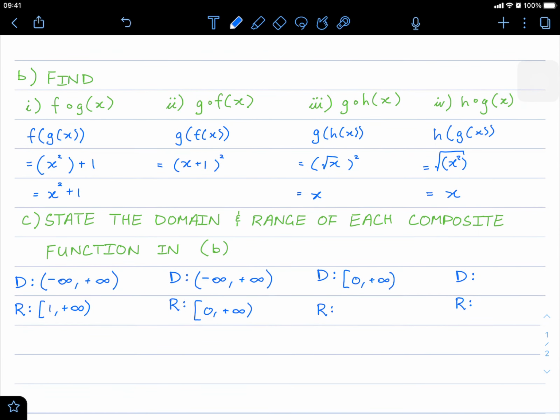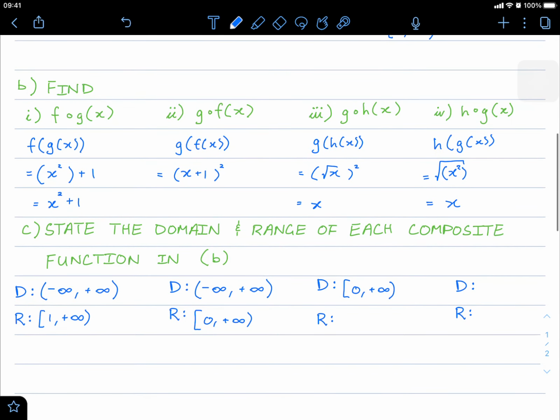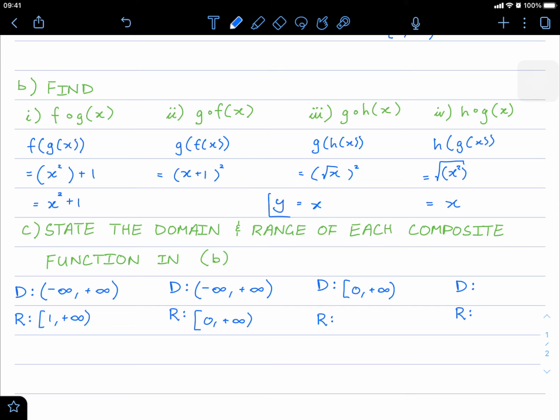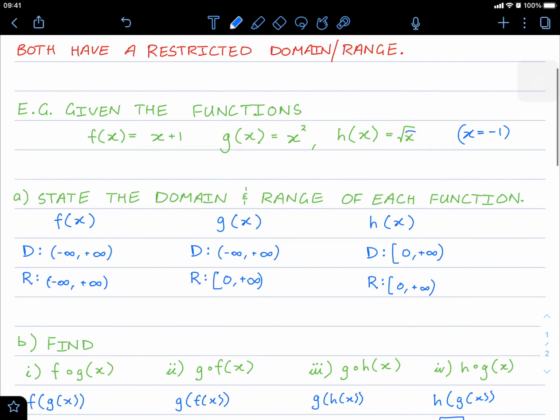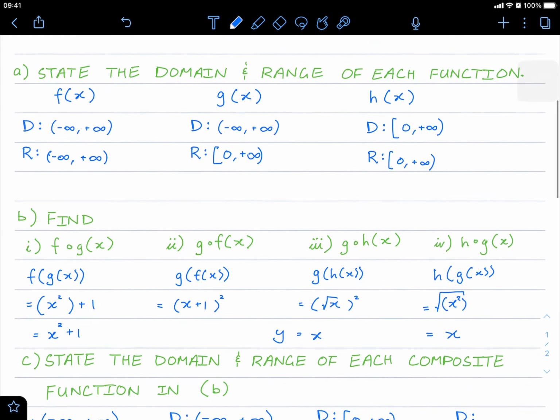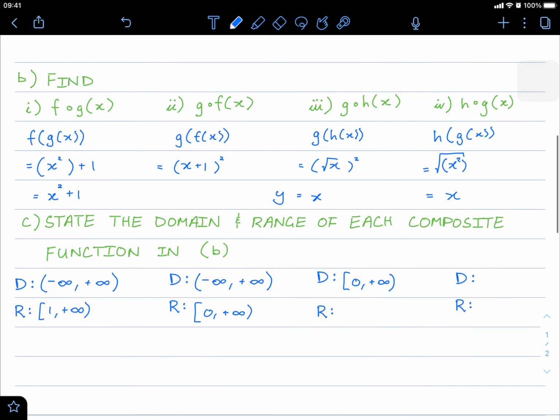As for its range, if we think about it again, even though this looks like it can reach negative y values, the only way we could get negative y values is if we substitute negative values here. But, as you can see, that's impossible. So the range for this is also from 0 to positive infinity.